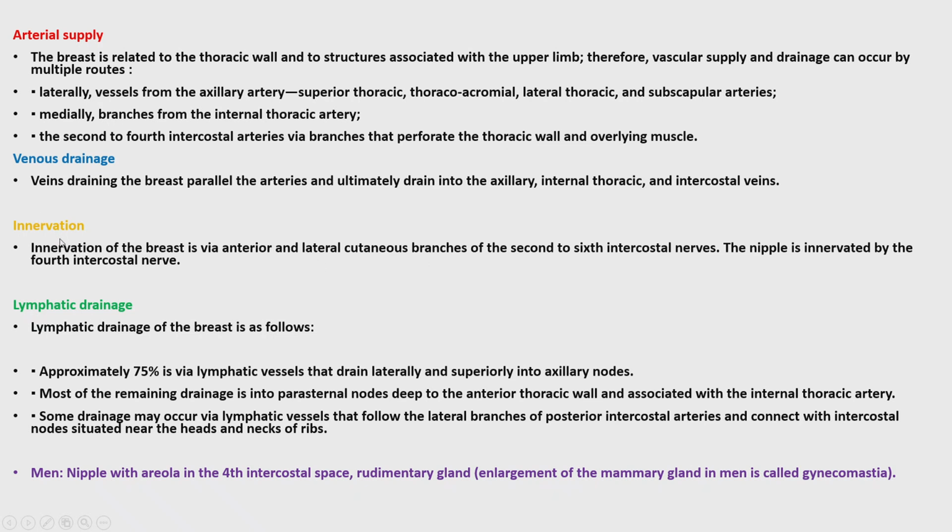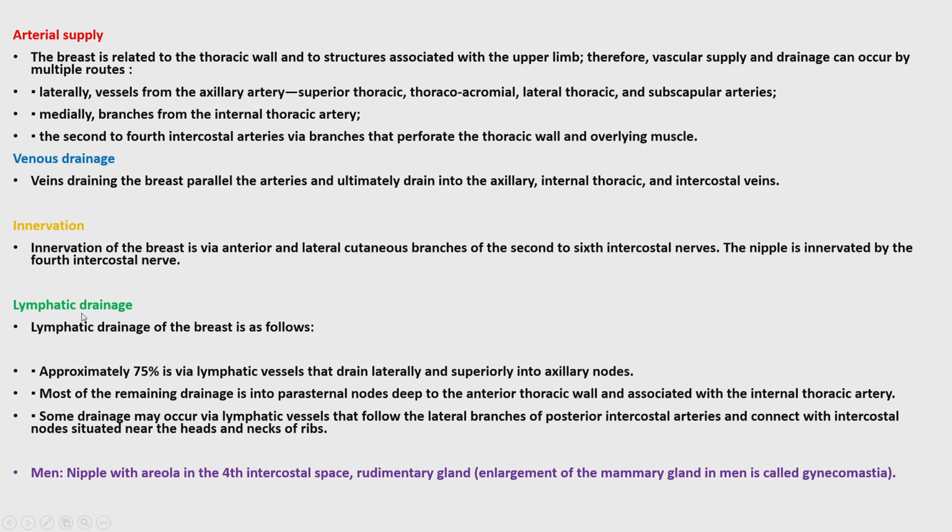Innervation of the breast is via the anterior and lateral cutaneous branches, as I said, from the second to sixth intercostal nerves, which is approximately the area where the breast is located, the area that is innervated. And the nipple, as we said, because it's located in the fourth intercostal space, is innervated by the fourth intercostal nerve.